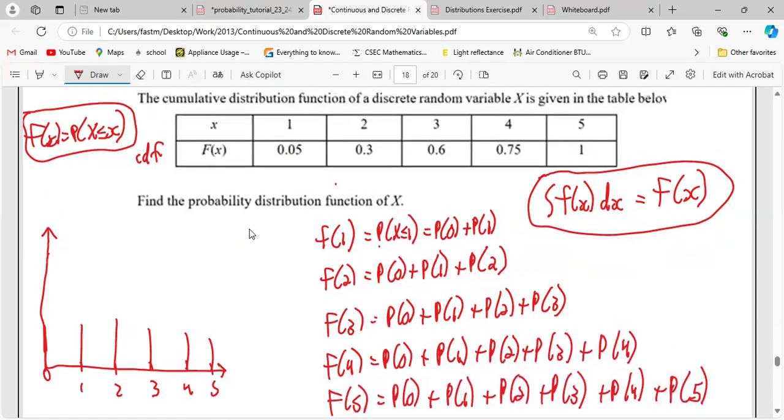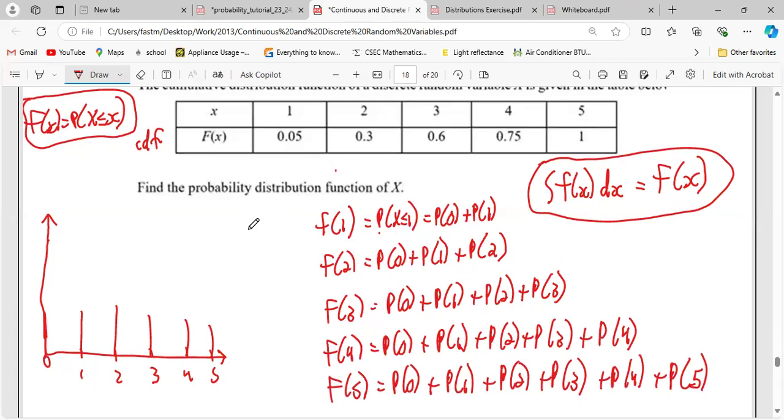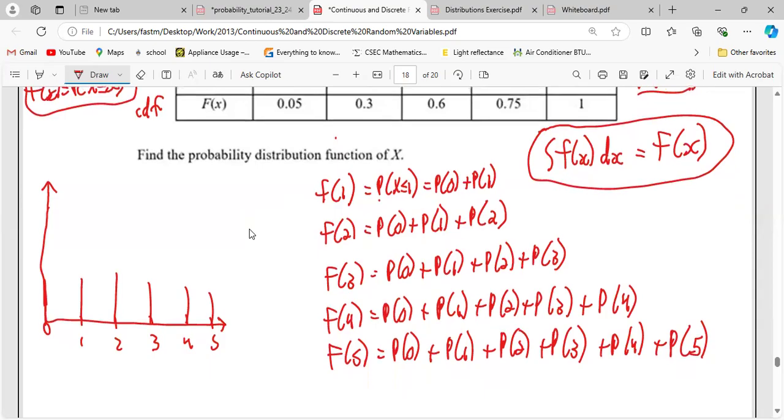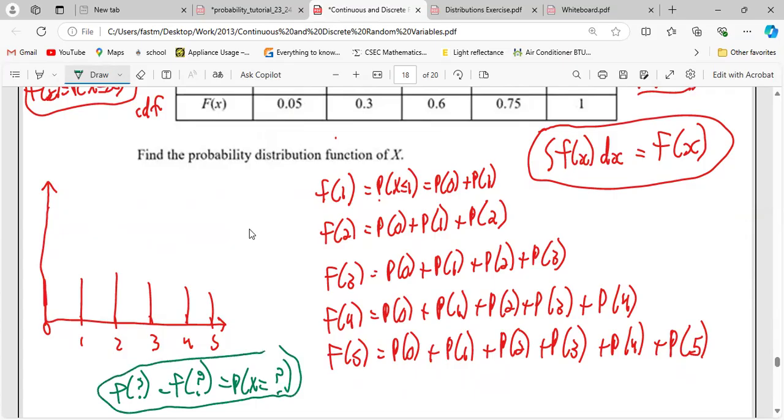So if I wanted to get the probability x is equal to 5 alone, looking at these, you're trying to look for something that looks like f of something, subtract f of something, will give you the probability x is equal to something. That's really the concept, but you have to see the pattern. So when you're subtracting, what happens is you're kind of carving out space.